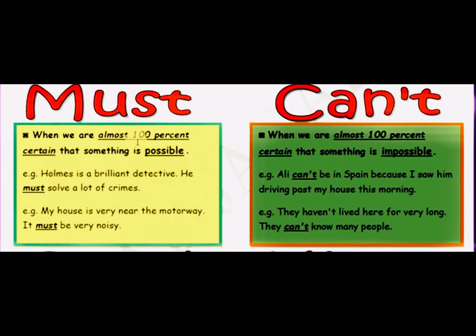So in brief, we have 4 words, and they involve the main point of this lesson. In Arabic, they are تأكد and عدم تأكد and شيء محتمل and غير محتمل. So that is what must, can't, could, and might mean.